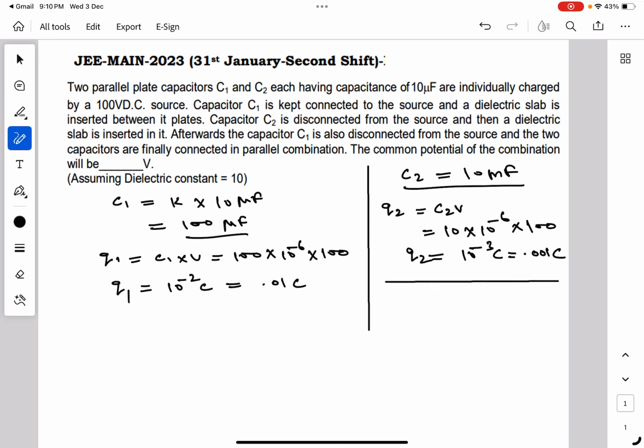Now, a dielectric slab is inserted between the plates of C2 also. Therefore, its capacitance will also change to K times C2. So this also becomes 10 into 10 microfarad. So this is also now 100 microfarad.